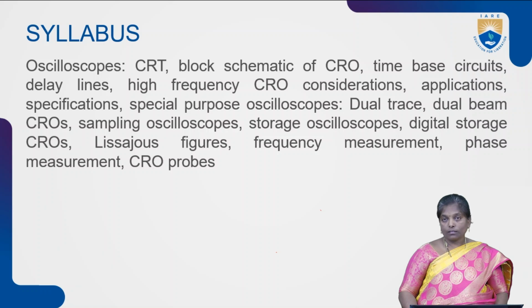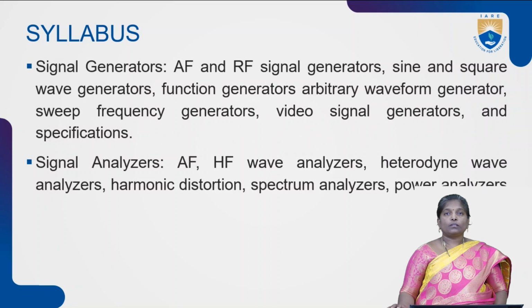And the next one is the third module. In this third module, we have different types of signal generators and signal analyzers. First of all, we have AF and RF signal generators. What is the need of a signal generator? Signal generators are mainly used to generate different types of waveforms.